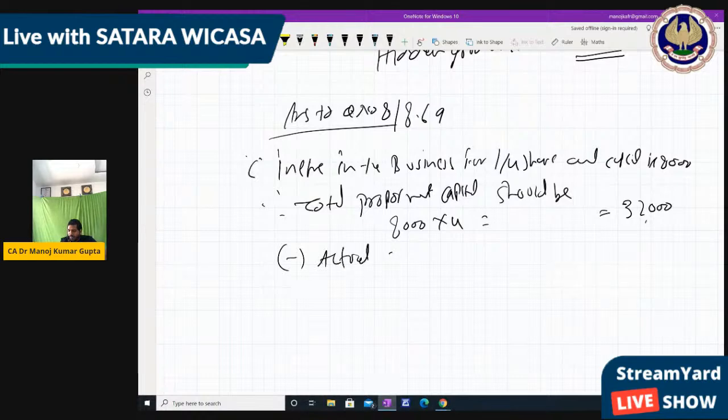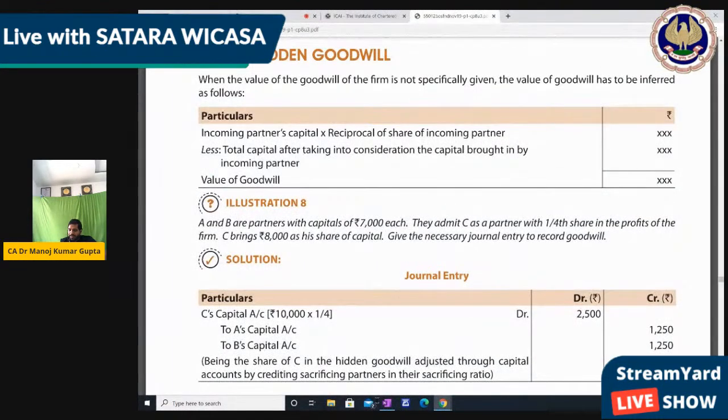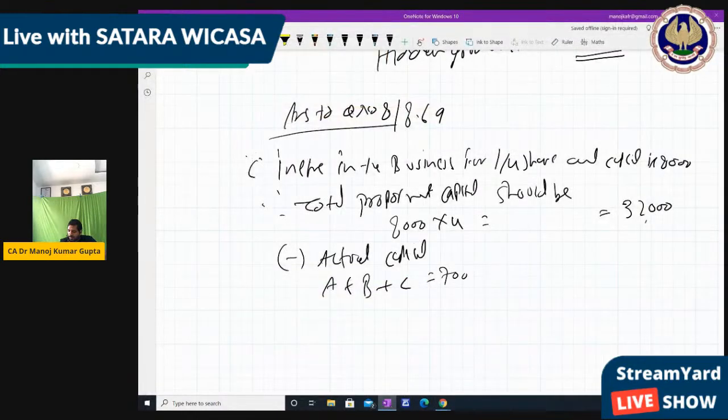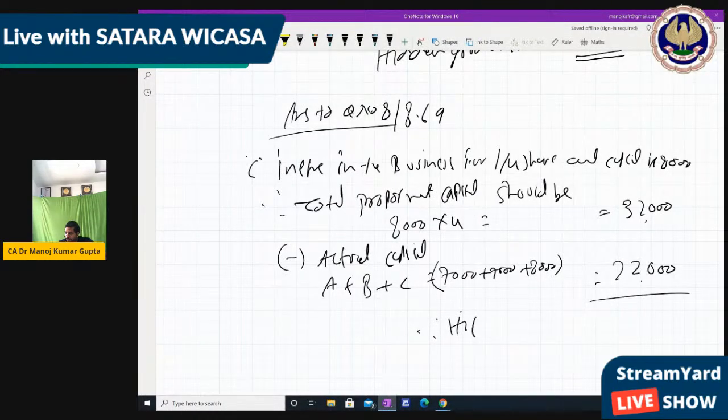Less actual capital of A plus B plus C. A and B each have capital of 7,000, so 7,000 plus 7,000 plus 8,000 comes to 22,000. Therefore, hidden goodwill is 10,000.